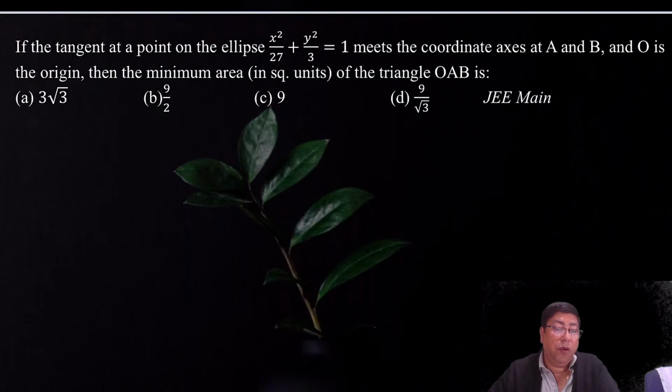If the tangent at a point on the ellipse x squared by 27 plus y squared by 3 equal to 1 meets the axes at A and B, first x-axis, then y-axis, and O is the origin, then find the minimum area of the triangle OAB.